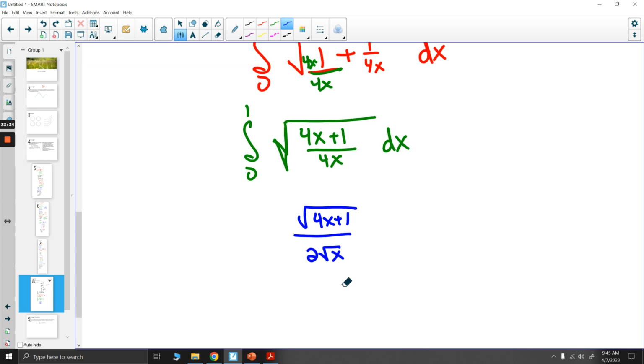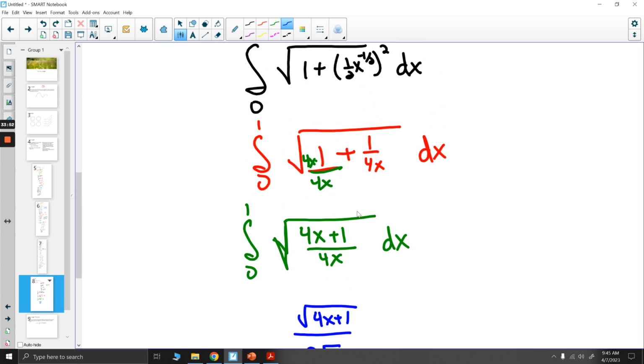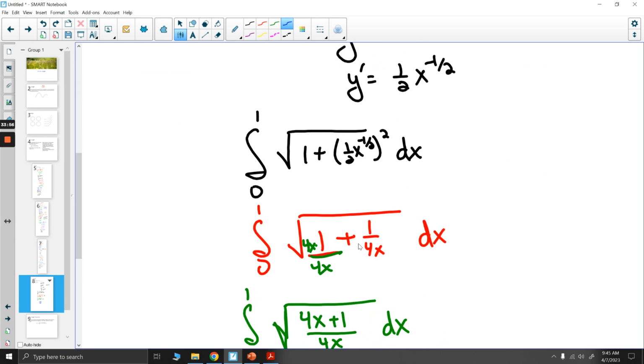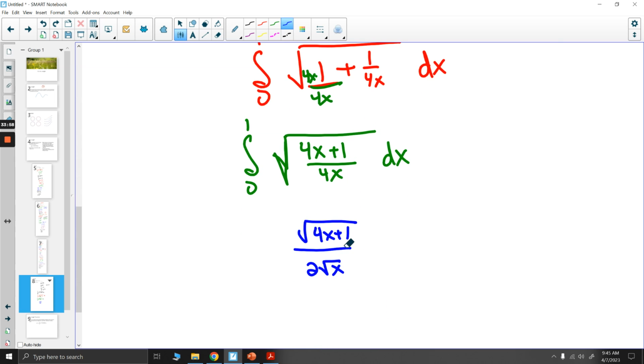Maybe if we rationalize this thing, so that is if we multiply top and bottom by this, like square root x, maybe that will make things better. Maybe it won't. I don't really know. The problem here is that this isn't like some perfect square here, so that's kind of problematic. And again, that's kind of the issue we're running into here. Is it's like, okay, well, how do we deal with this thing?